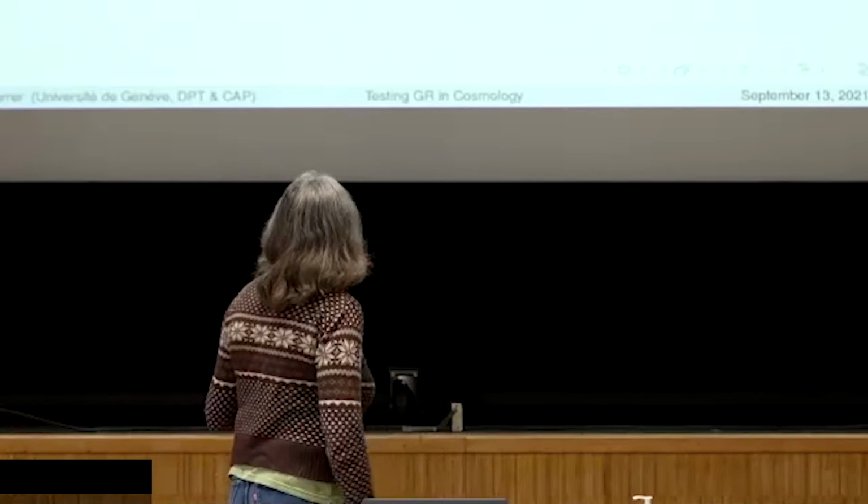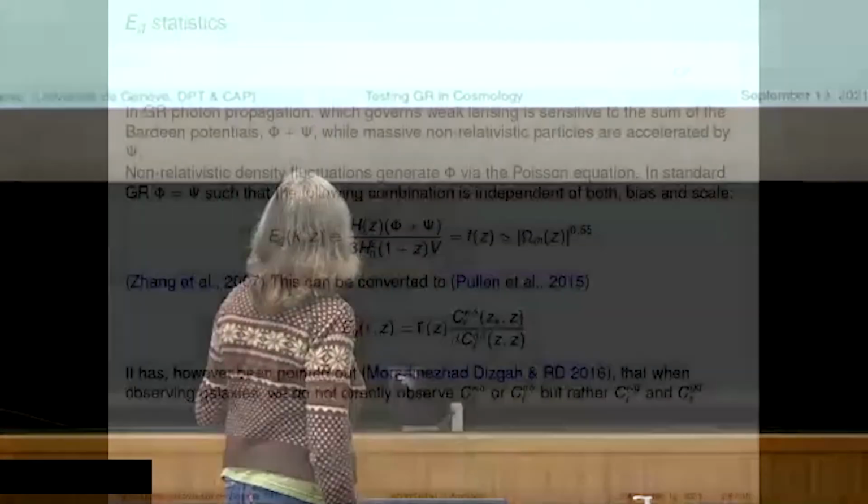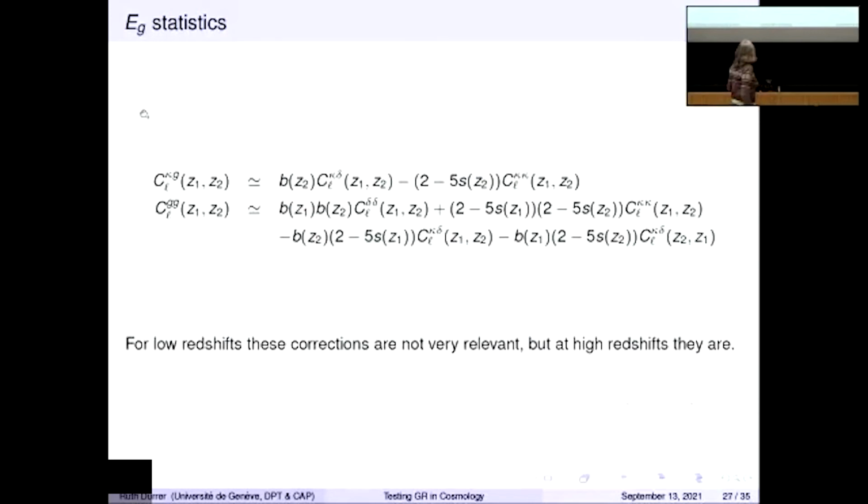But whatever. So this would be velocity, which you can in principle also measure, but you can show that this quantity here, you can measure it if you measure the lensing density correlation divided by the density correlations. But as I was arguing before, if you count galaxies, you not just measure the density fluctuations, but you measure all these other terms in addition. And we showed how to correct this formula so that you still can measure it.